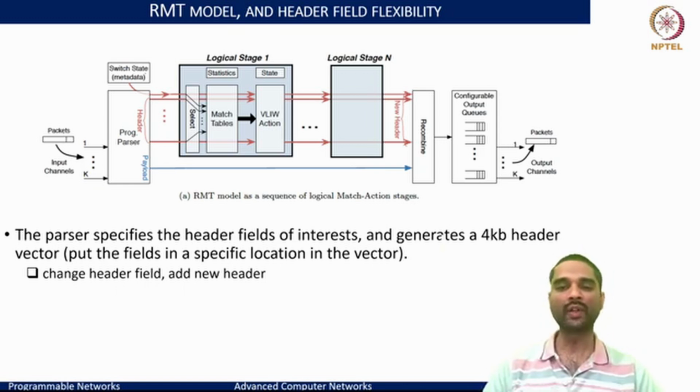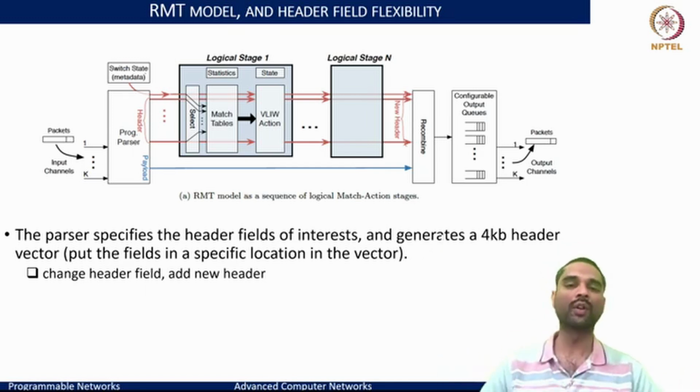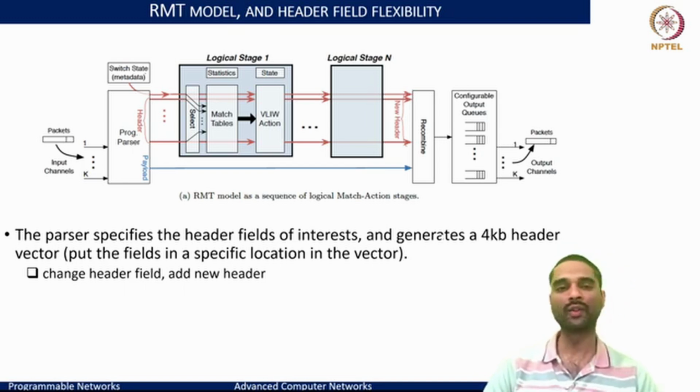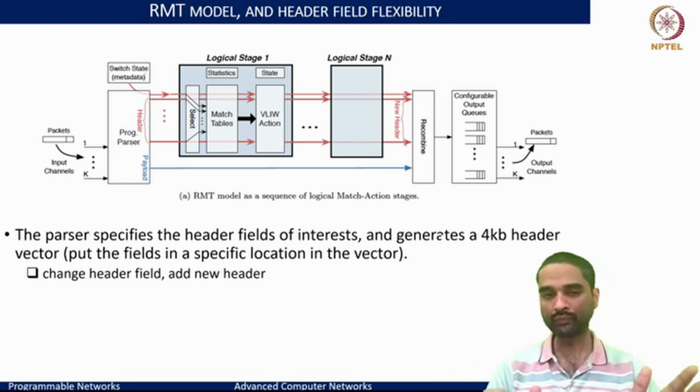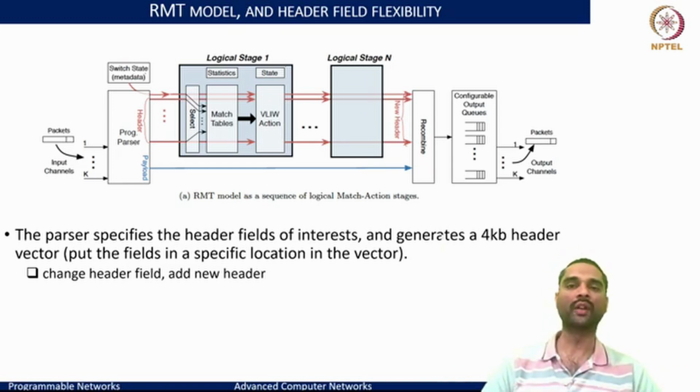And this readily allows us to change the header fields without worrying about the contents of the payload, as long as we are able to match them up properly, and also add newer headers or alter the headers completely at any of the stages and still be able to stitch the entire packet.